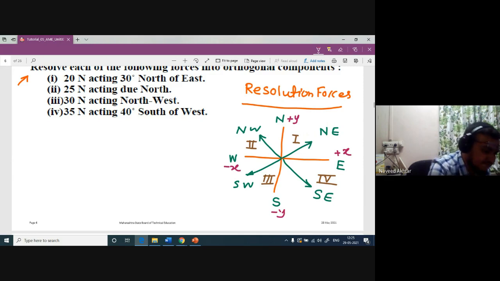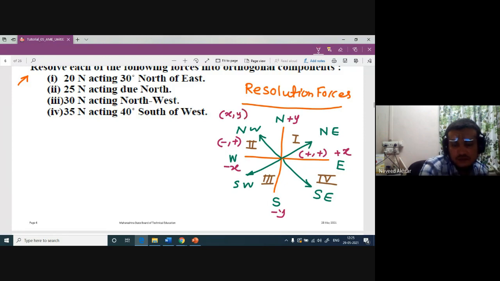So the values in the first quadrant, if you write, both values x and y are positive. If you come to the second quadrant, the x value is negative and the y value is positive. So we are showing x comma y like this.